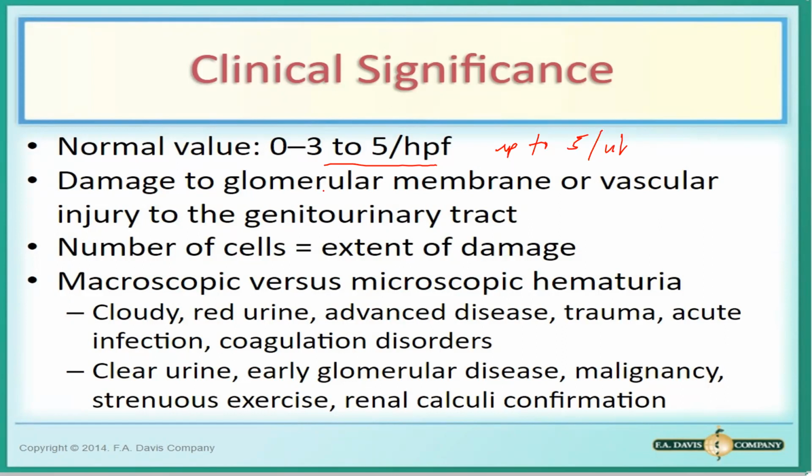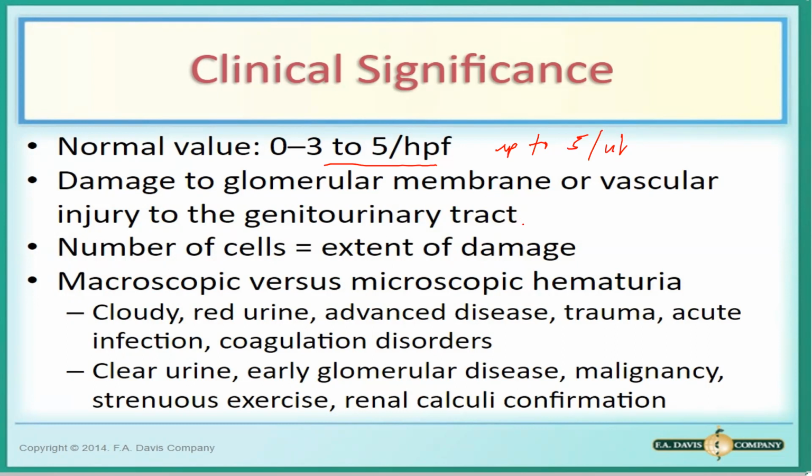Increase nito is primarily associated with glomerular bleeding or damage to your glomerular membrane. Physiologic cause, number one is strenuous exercise, as we also have mentioned sa chemical examination.